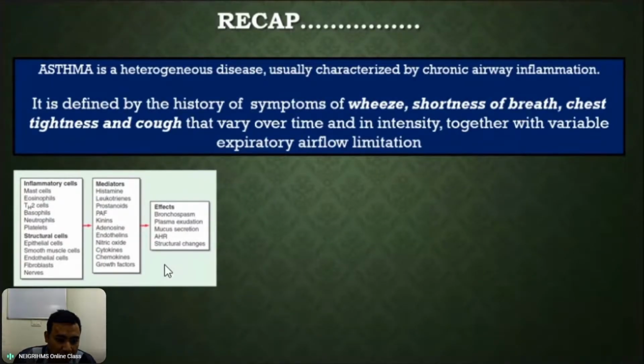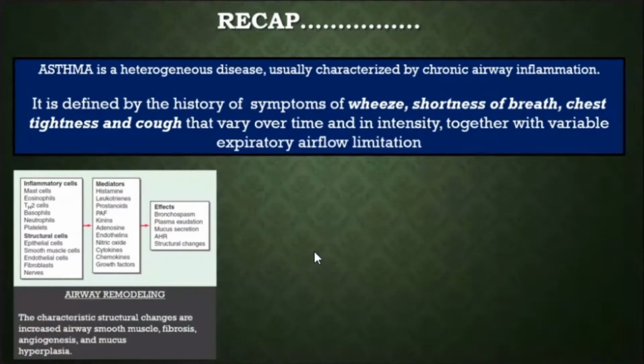Important bronchoconstrictor mediators include your histamine, which is released by your mast cells, your endothelins, which are due to the activation of the endothelial cells. Then the main effects produced by all this inflammation are bronchospasm, plasma exudation, mucus secretion, airway hyperresponsiveness, and structural changes, which we also call airway remodeling.